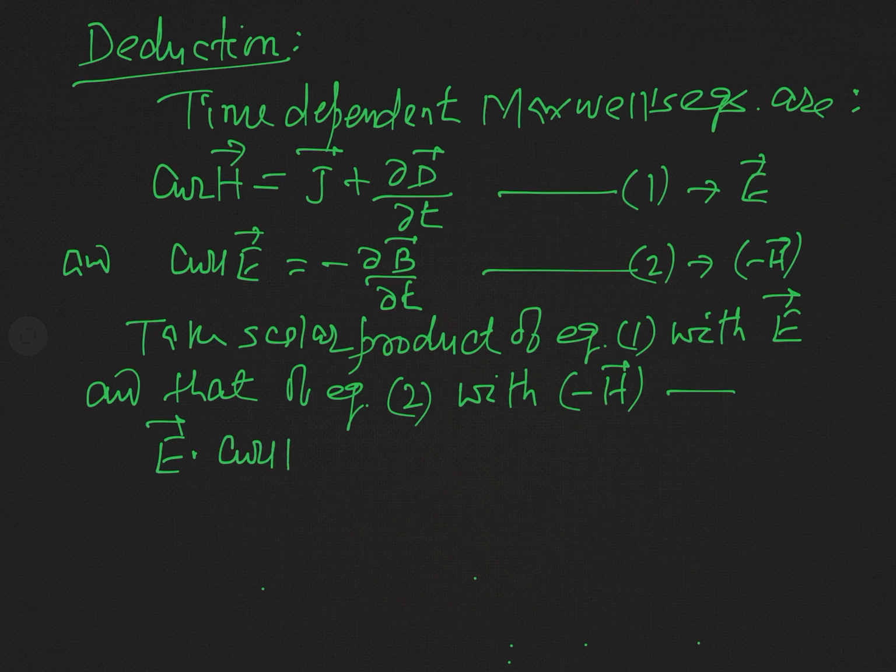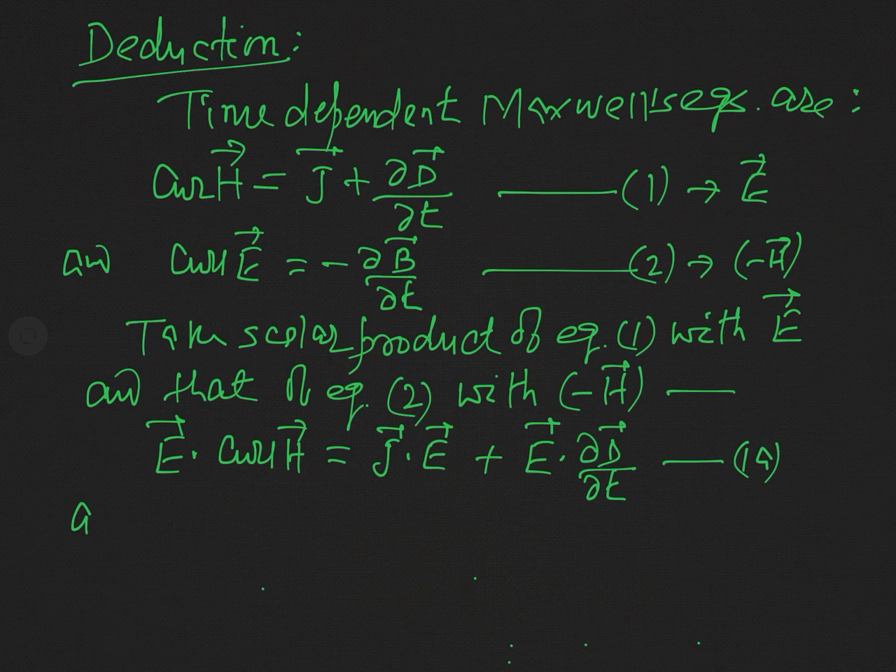This will be E dot curl of H, and this will be J dot E. You can also write E dot J, but you know the scalar product of two vectors is commutative, so there is no difference between J dot E and E dot J. Both are the same, and this will be E dot del D by del t. Say this is equation 1A.